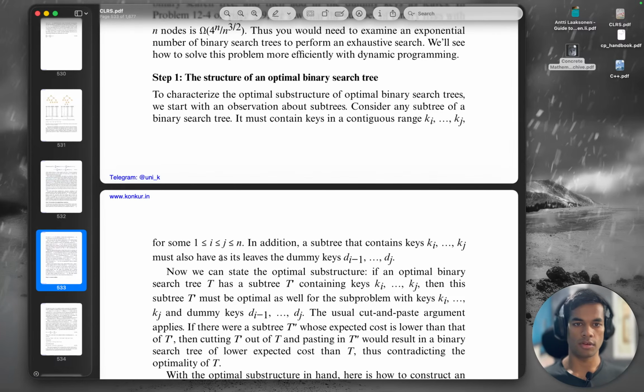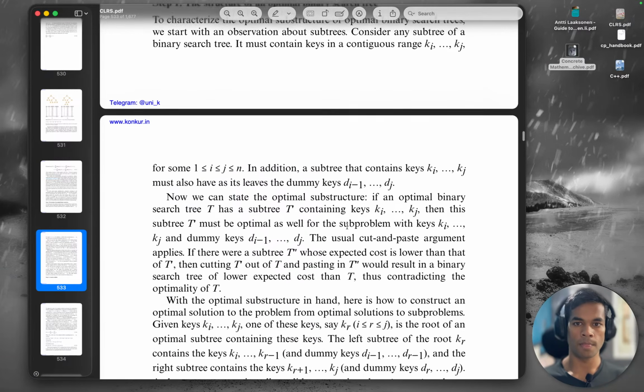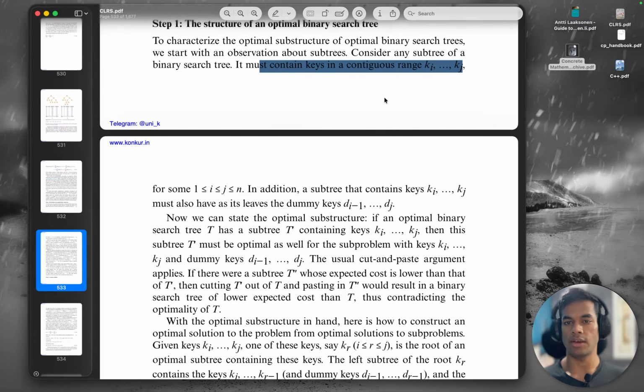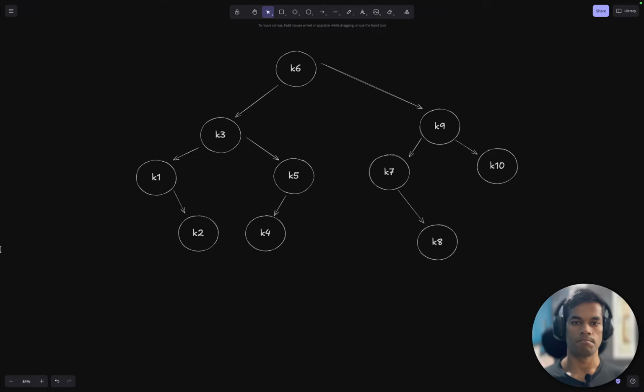And from this, using induction, we can see that any subtree of a binary search tree must contain keys in a contiguous range i to j.